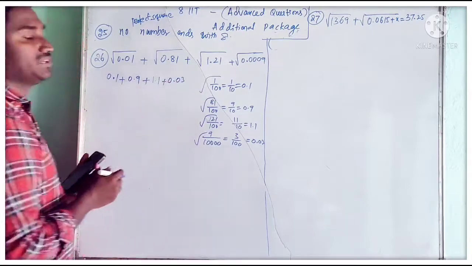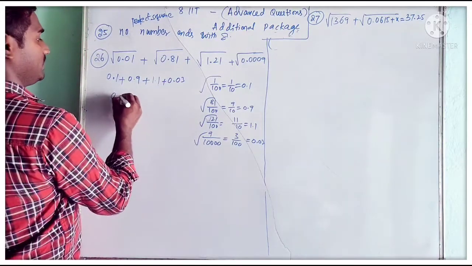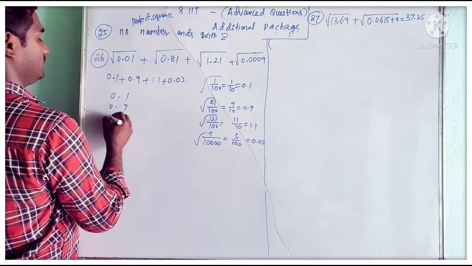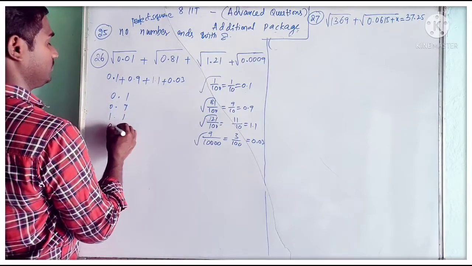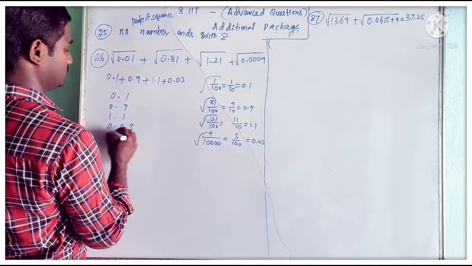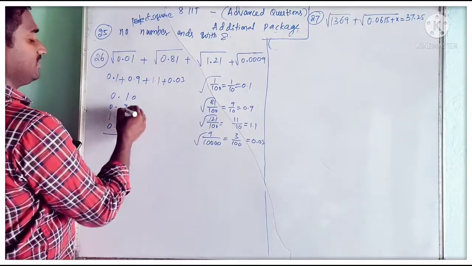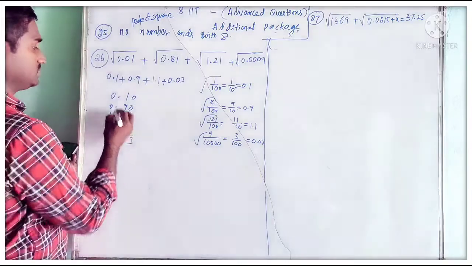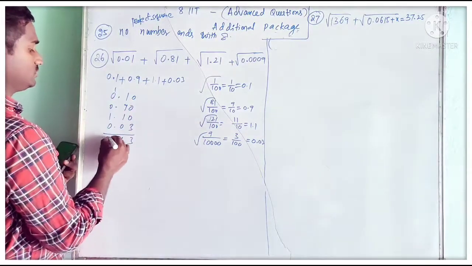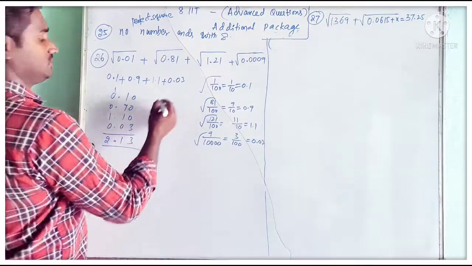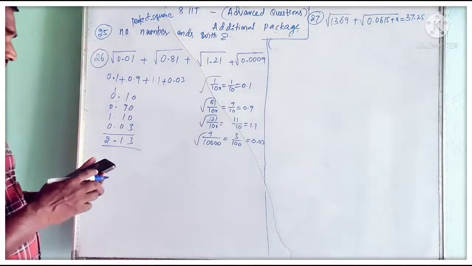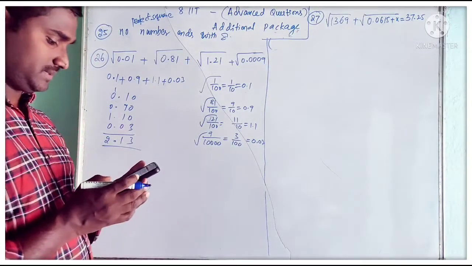So now we need to add the decimals. So 0.1, 0.9, 1.1, 0.03. Where there is no decimal digit, it means 0. So 0, 0, 0, 3. 1 plus 9 is 10, 10 plus 1 is 11. So 1 carry. 1 plus 1 is 2. So 2.13 is the correct answer for that.